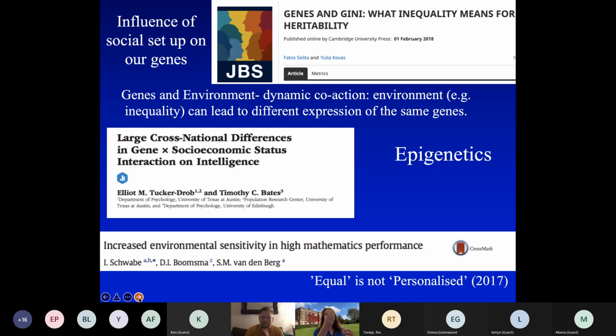So for example, if a mother is very stressed when she is carrying the baby in the womb, this stress can actually affect genetic expression or genetic mechanisms in the developing child. And so later on, the stress experienced by the mother in pregnancy can manifest in behavioral problems, for example, in children, because their genes are not expressing as they would be if this stress didn't occur. So these are really interesting phenomena where genes and environments can have long-term effects on development.